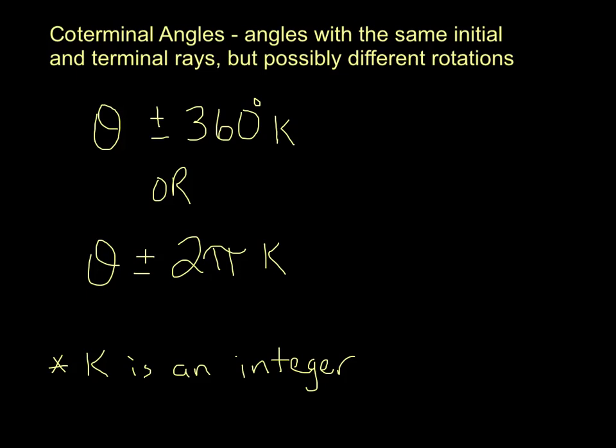The k is just an integer, so we're looking at integer multiples of 360. So I add 360, I add 720, or I subtract 360. Okay? If my angle is in radians, then I'm adding or subtracting multiples of 2 pi to find some other angle that's coterminal, another angle that actually sits in the same position but has a different measurement.